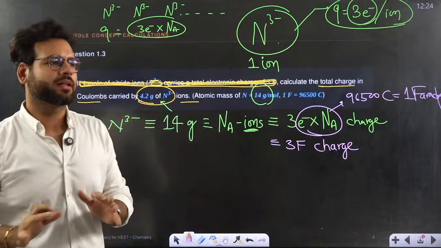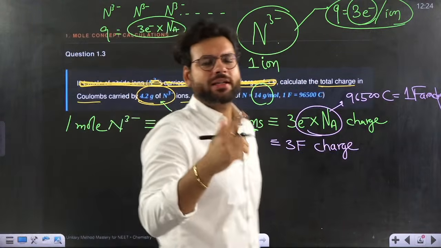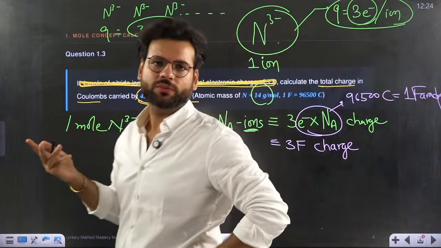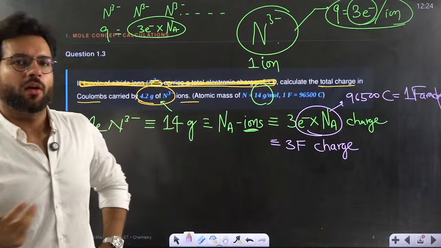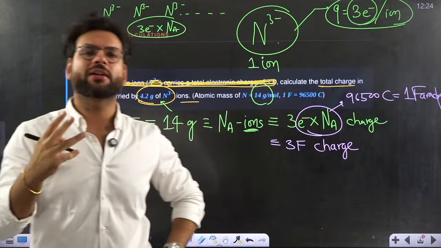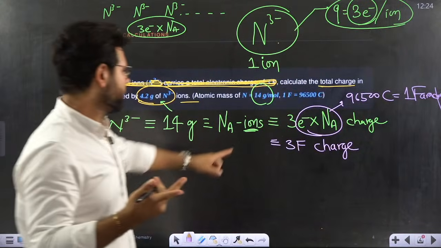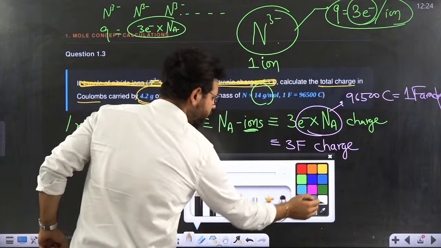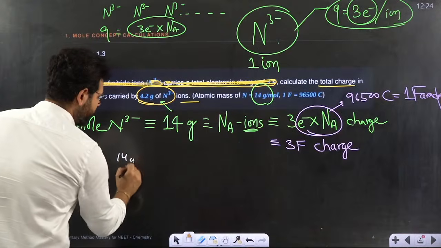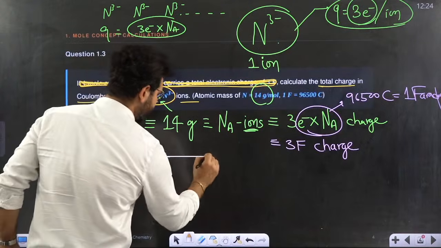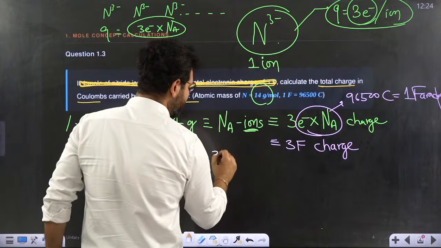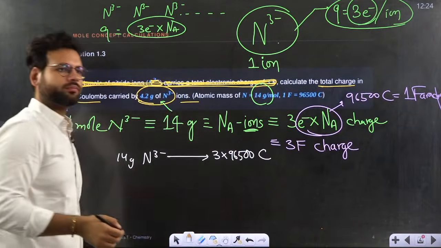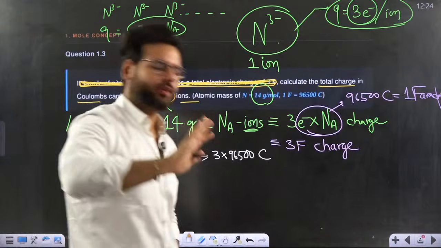So please remember this. One nitride doesn't have a 3 Faraday charge. One nitride has 3e charge. Okay, 1 mole nitride has 3 Faraday charge. So now we can solve this question. 14 gram has 3 Faraday charge. So by unitary method we say 14 gram nitride carries 3 into 96,500 Coulomb charge. 14 gram ke liye to I know.